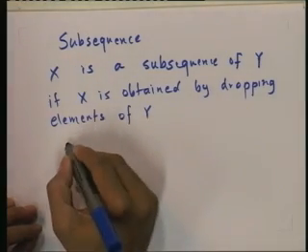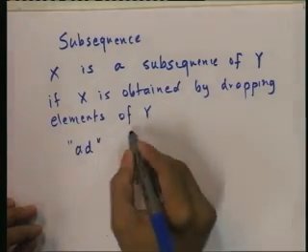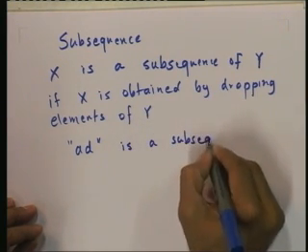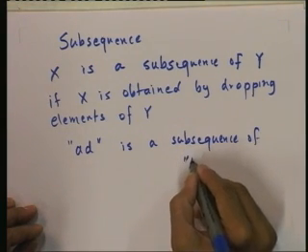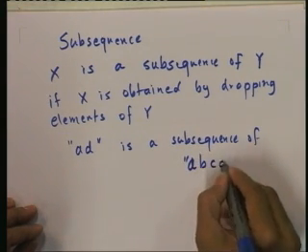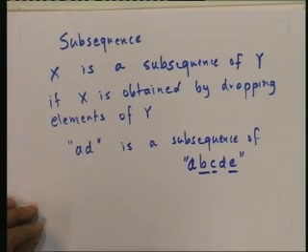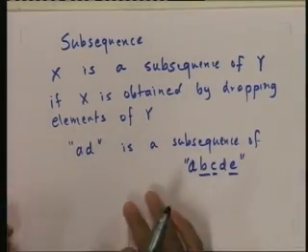So, for example, AD is a subsequence of say A, B, C, D, E. These are the elements that we dropped. And as we said, common subsequences are just subsequences of both.